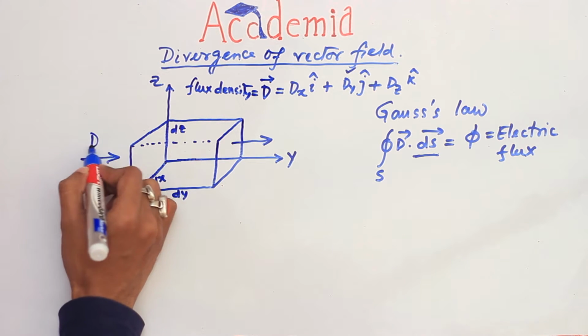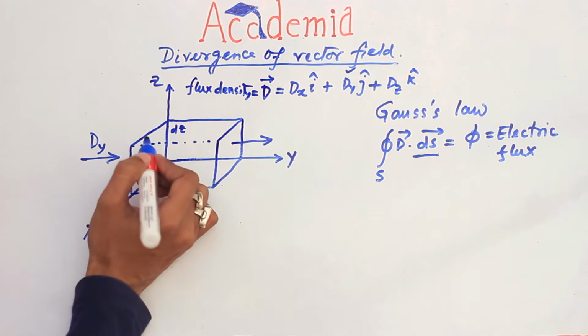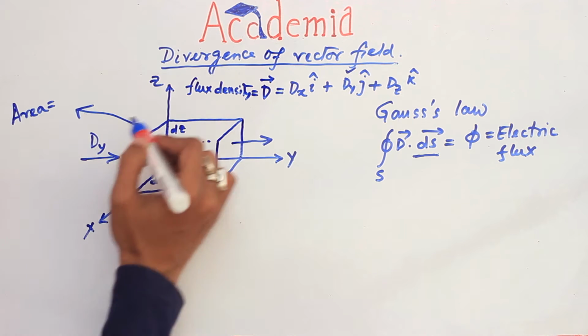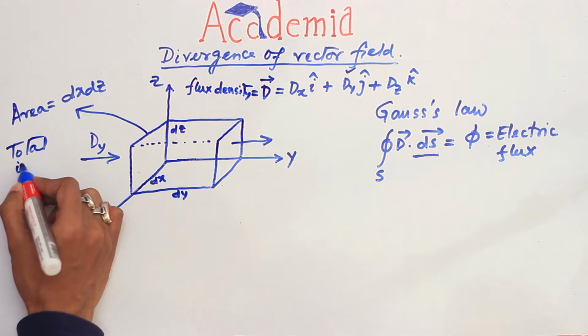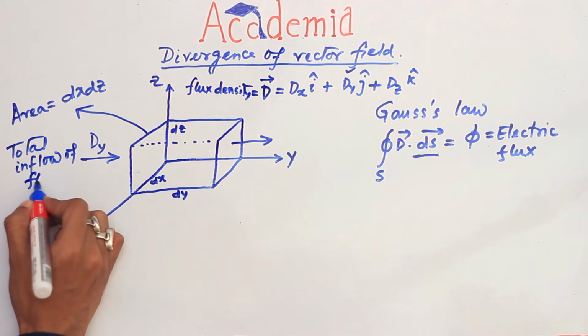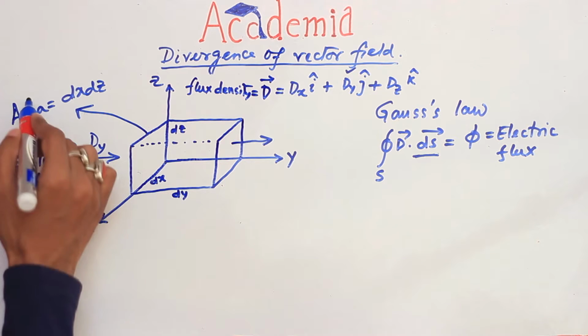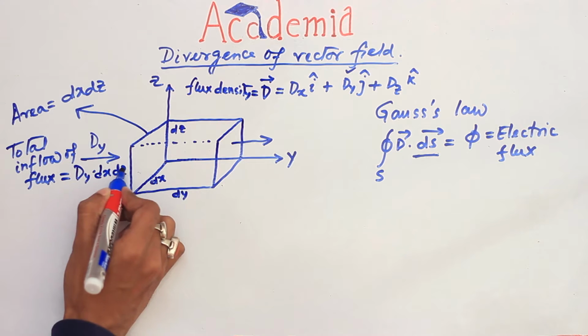Dy enters through this rectangular area of sides dx and dz, so the area is dx dz. So total inflow of the flux is D dot area equals Dy dx dz through this surface.